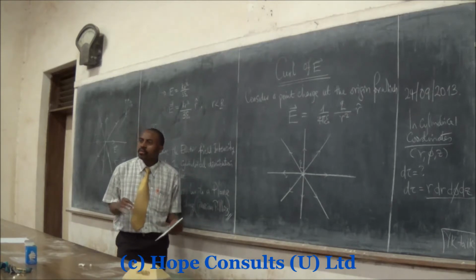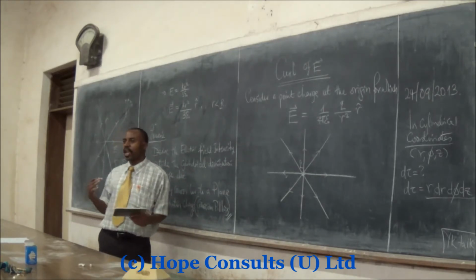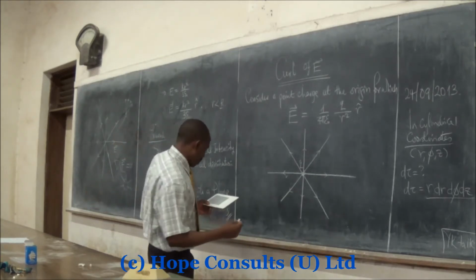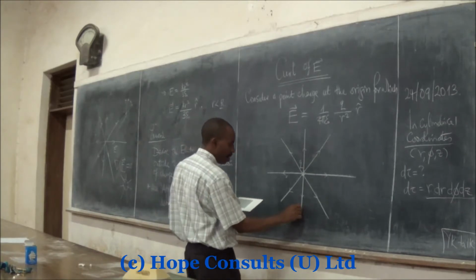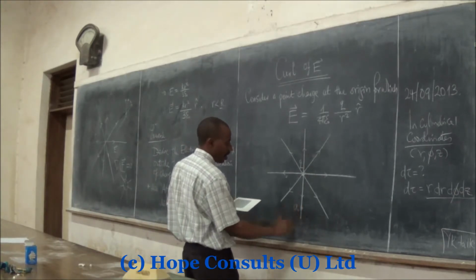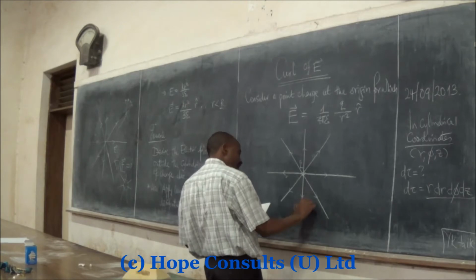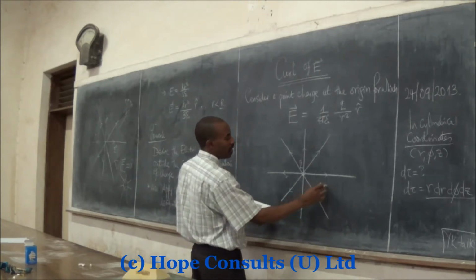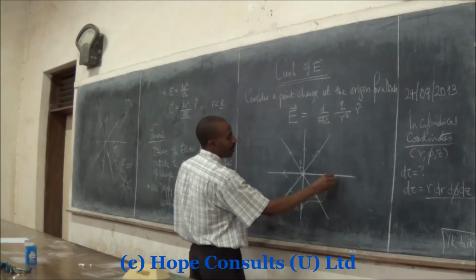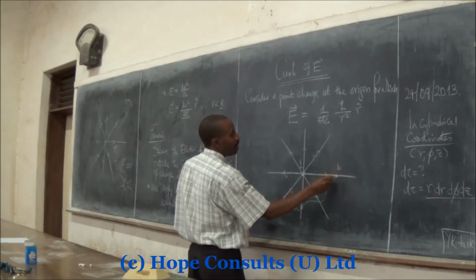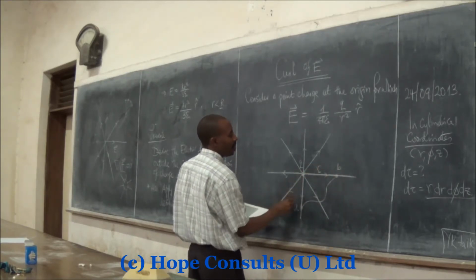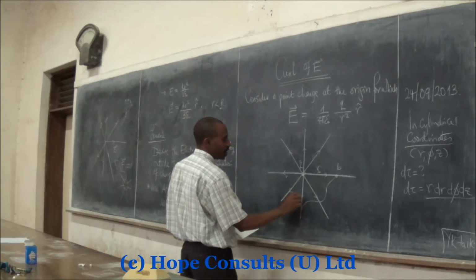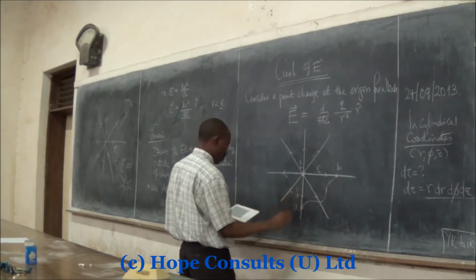If we were to move within these field lines from a point A, and move in our own way without taking keen interest of where linearly we are passing, to a point B, which is a distance RB from the origin, with A being a distance RA from the origin.